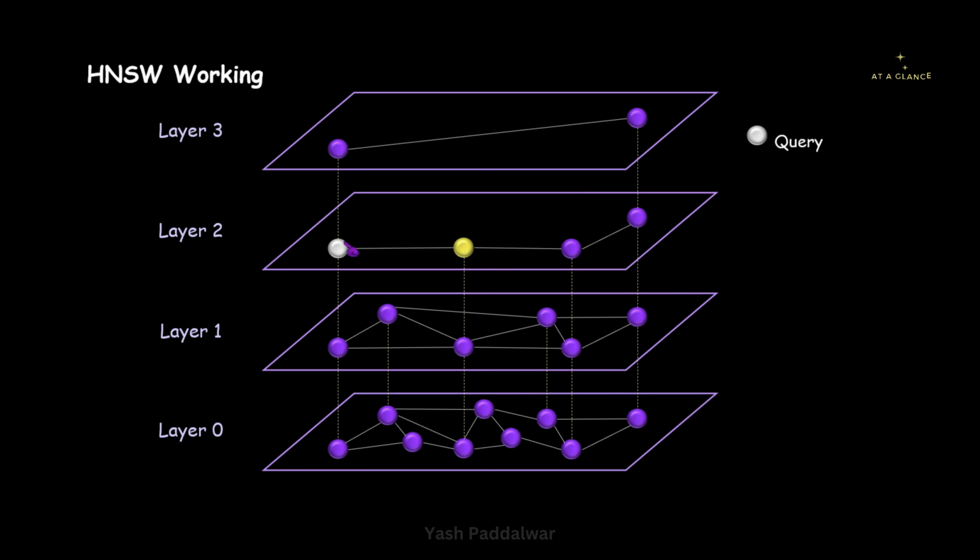So let's say that the similarity between the current node and the query vector is greater than the similarity between the neighboring node and the query vector. So that is why we'll keep the current node as it is. Now since for this current node we have no other neighboring nodes, we have to move one level down. So we'll now shift from layer 2 to layer 1. And note one thing, that we have to follow the projections.